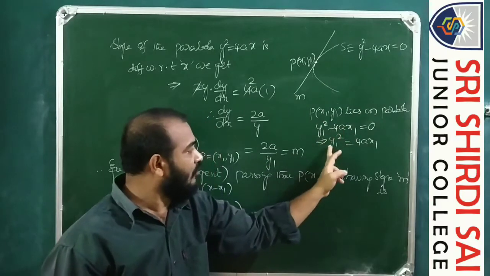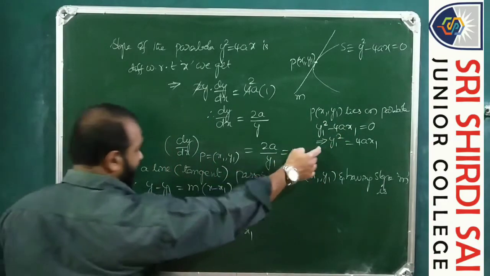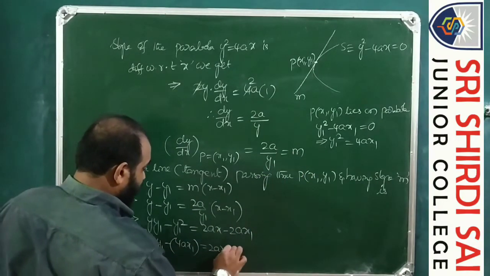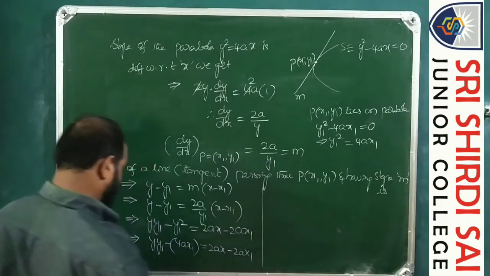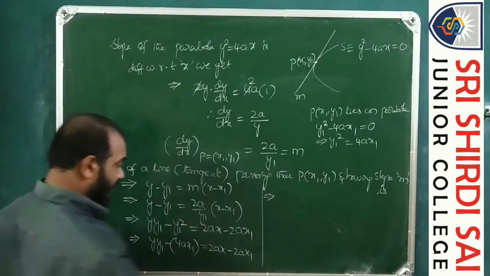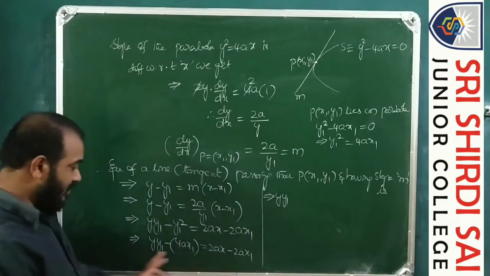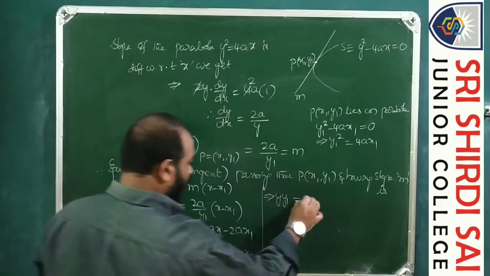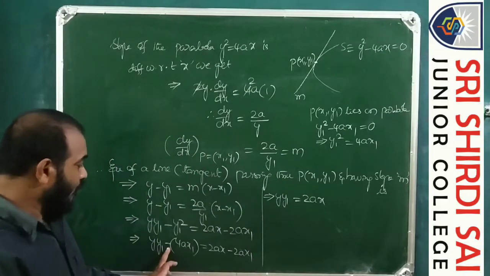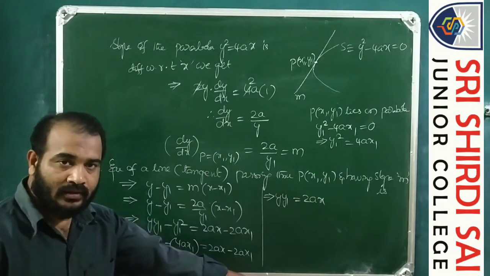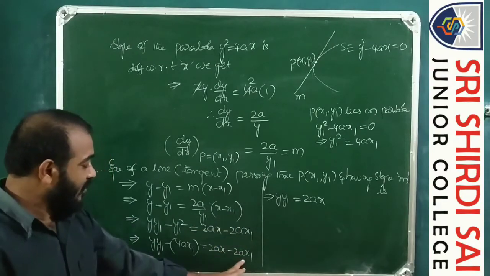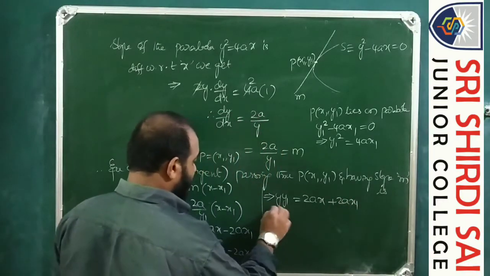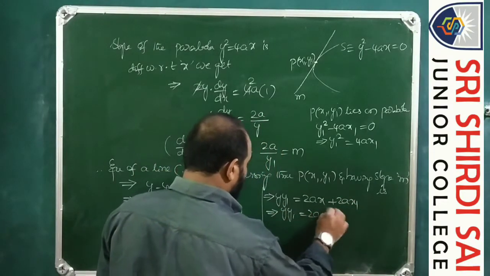In the place of y1 square, substitute 4ax1: y1 y minus 4ax1 equals 2ax minus 2ax1. On transposing to the other side, this is plus 4ax1 minus 2ax1, which is plus 2ax1. So y1 y equals 2a into x plus x1.